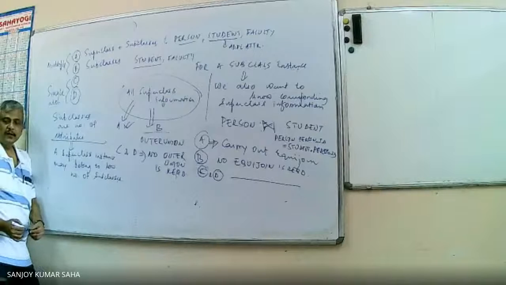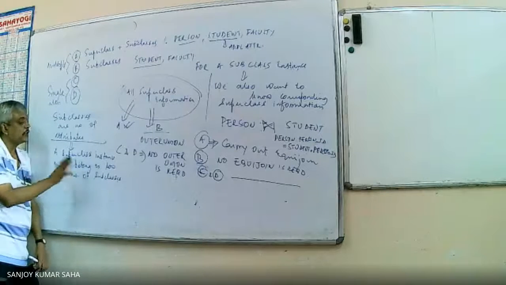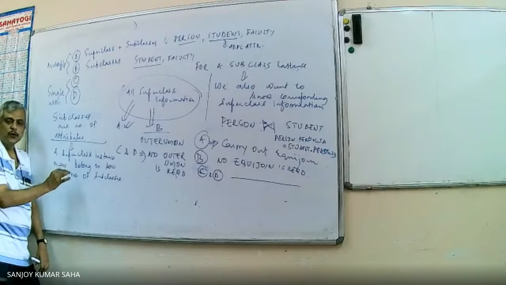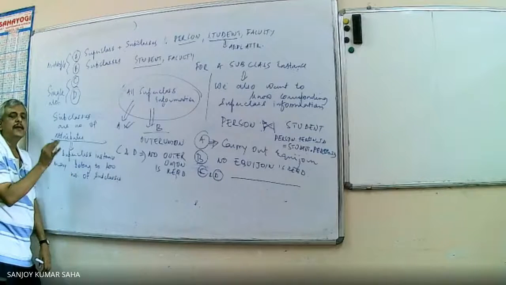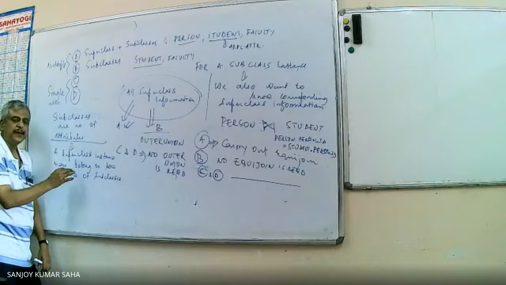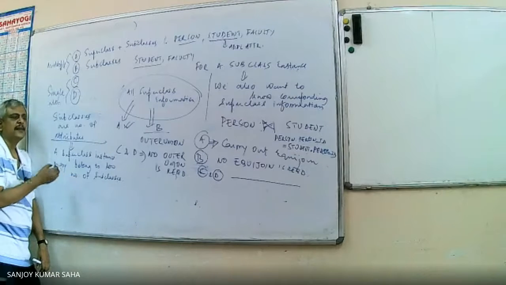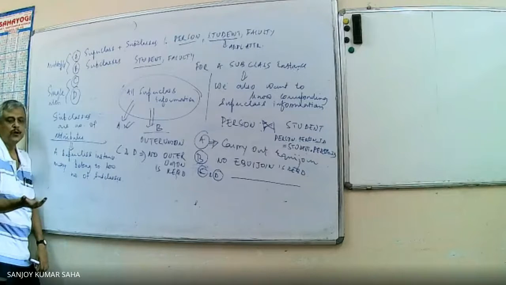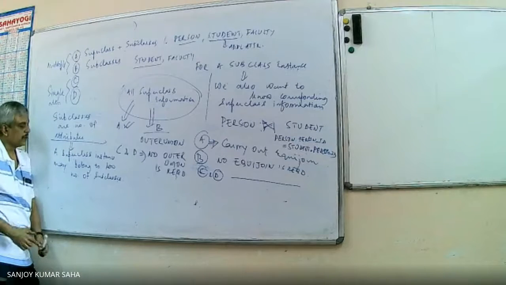If it is not total, then it may not belong to any of the subclasses. If it is disjoint, it will belong to only one subclass. If it is overlap, it may belong to multiple subclasses, but it may not belong to all. If there are 5 or 6 subclasses, it may belong to only 2 or 1 like that.